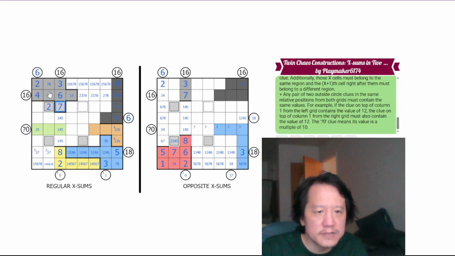Seven eliminates 7 here. So this is 8. That eliminates 8 in the rest of the row. 8 also eliminates 8 there.